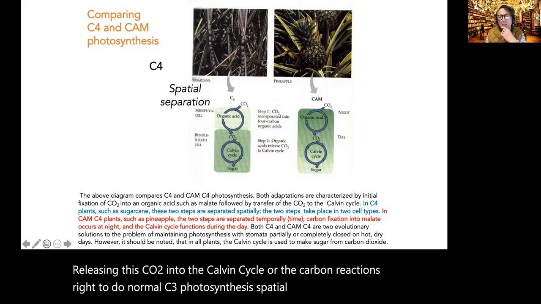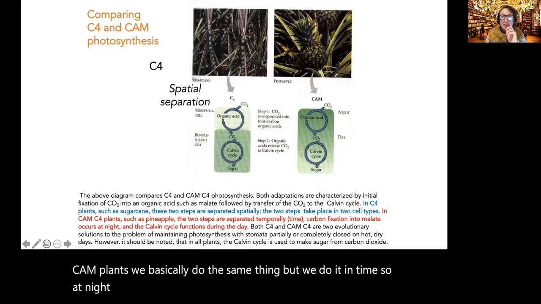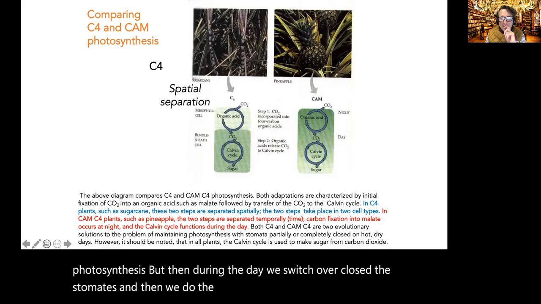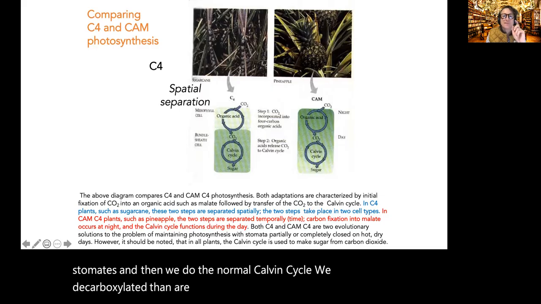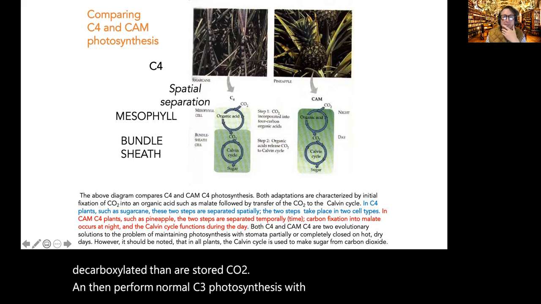But within CAM plants, we basically do the same thing, but we do it in time. So at night, we perform effectively the equivalent of C4 photosynthesis. But then during the day, we switch over, close the stomates, and then we do the normal Calvin cycle. We decarboxylate our stored CO2 and then perform normal C3 photosynthesis with Rubisco, again, during the day.